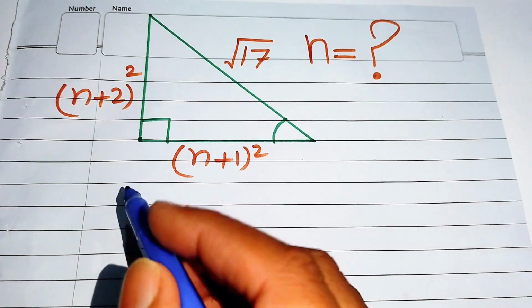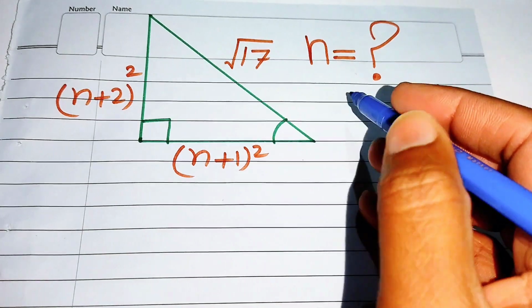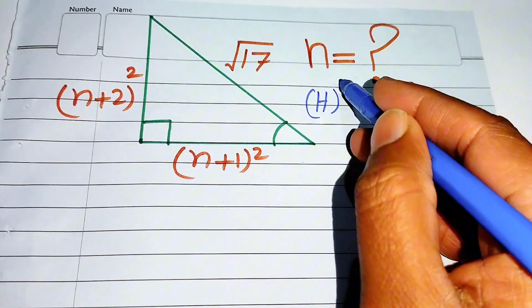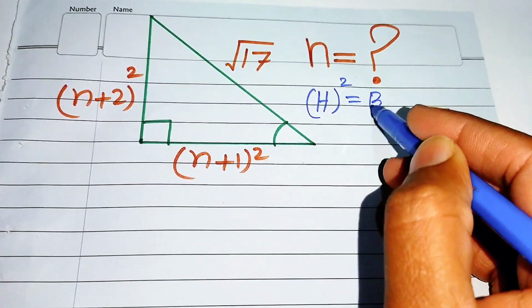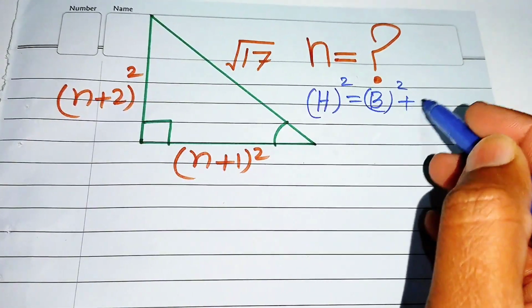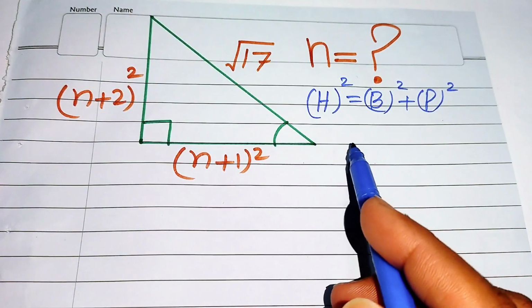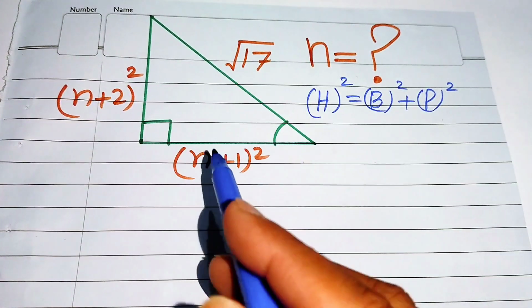According to the Pythagorean theorem, hypotenuse squared equals base squared plus perpendicular squared.